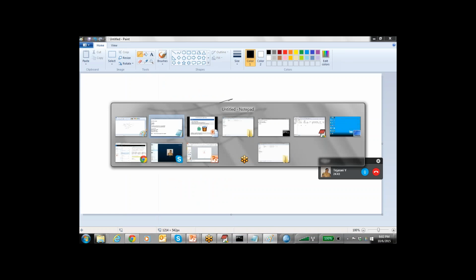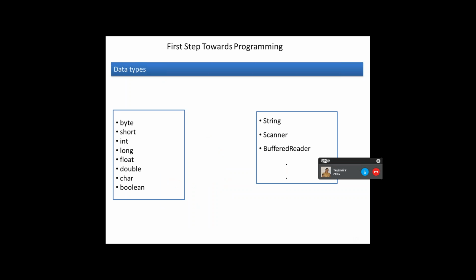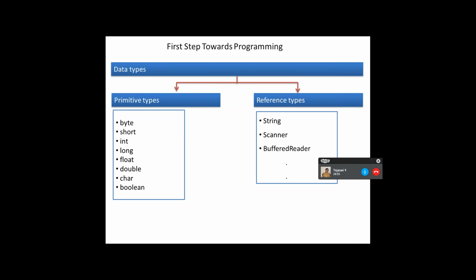Okay, so based on our requirement, you can take the different data types. Here we have 8 primitive data types in Java, right? So we have primitive data types, and we have derived data types, or reference types.